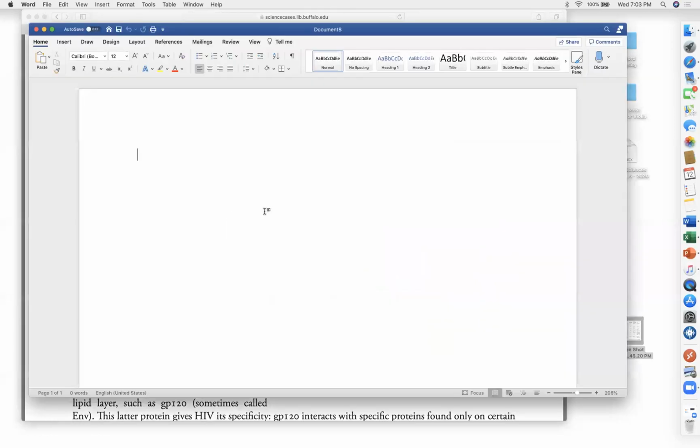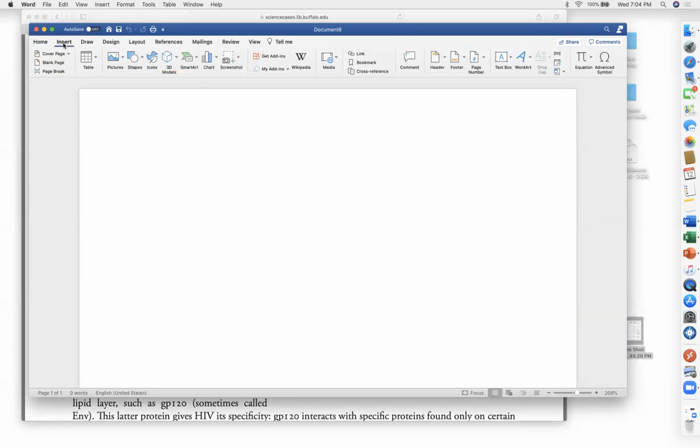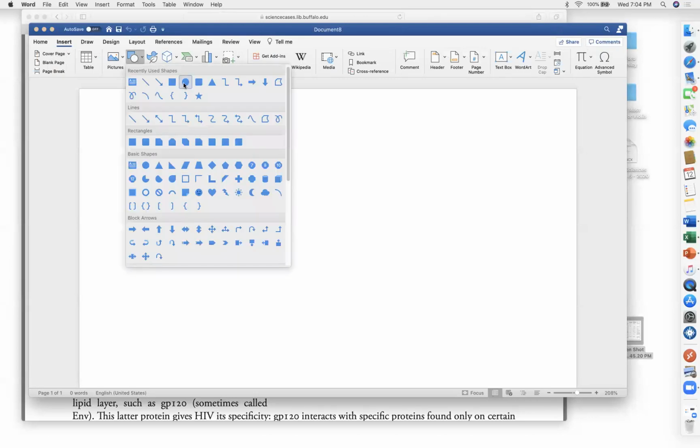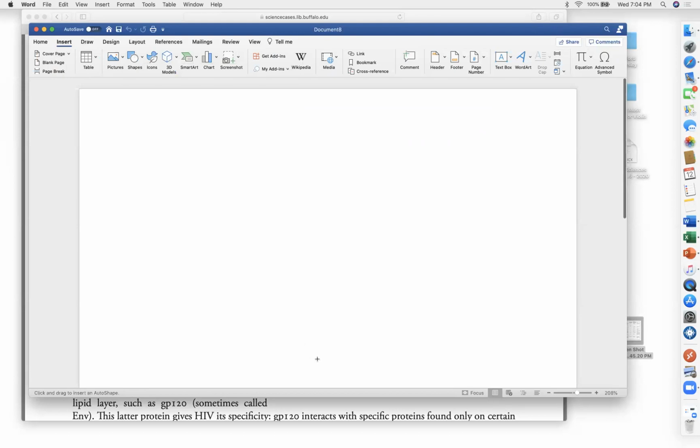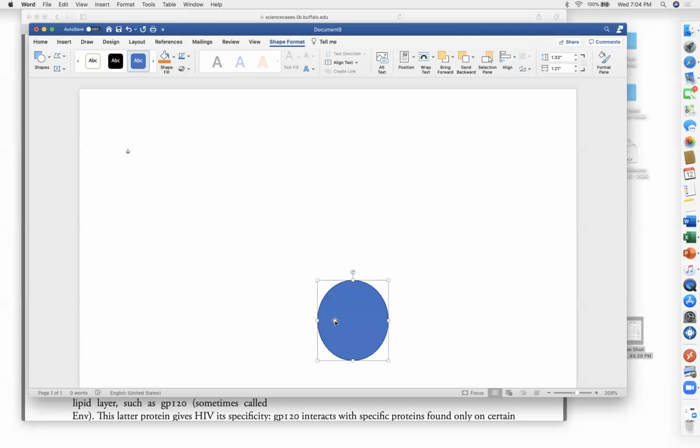Let's say I'm you. I have Microsoft Word, and I want to talk about one of the topics, white blood cells. I can choose any topic, then insert shapes. I'm going to pick a circle and put it in the middle of the page, and in that circle I'll write white blood cells.